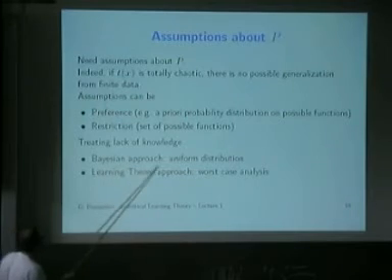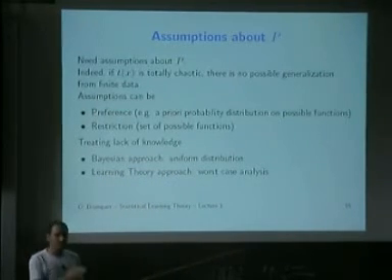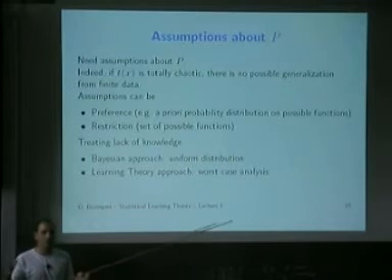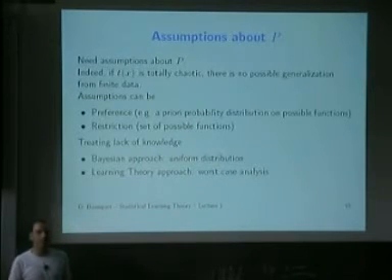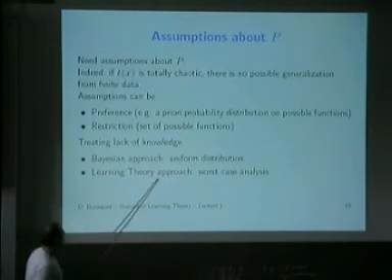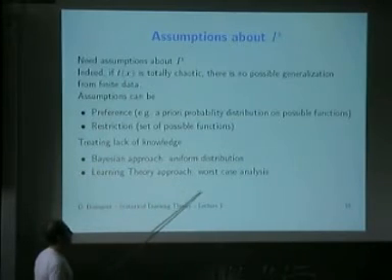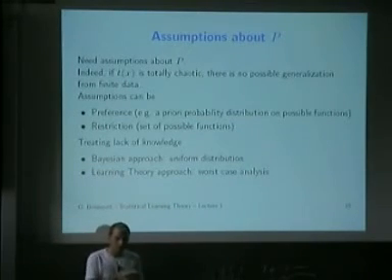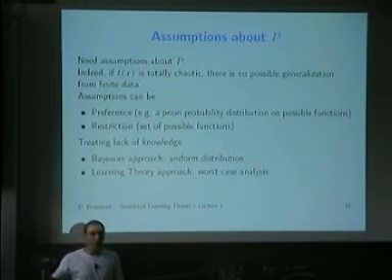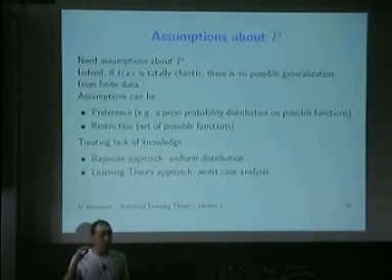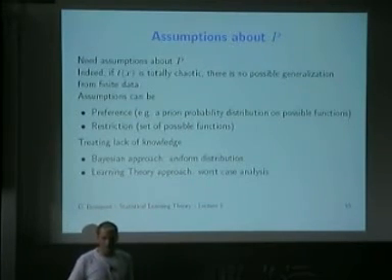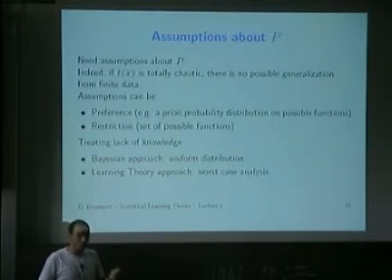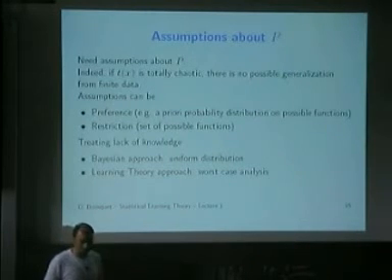The Bayesian approach is to say, well, we don't know what T is exactly, so let's assume that it can be any of the functions in the class with equal probability. The learning theory approach is a bit different. We have some kind of worst case analysis. So we don't say assume that it can be any function equally likely, but we say assume that it's the worst function. So somehow there is someone who chooses this function and tries to make us make mistakes.